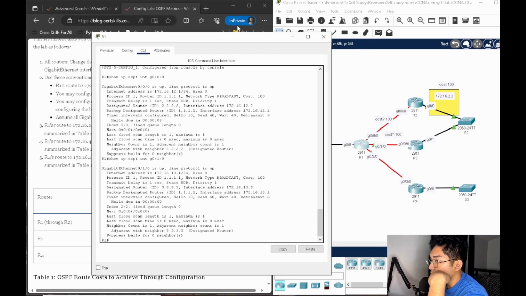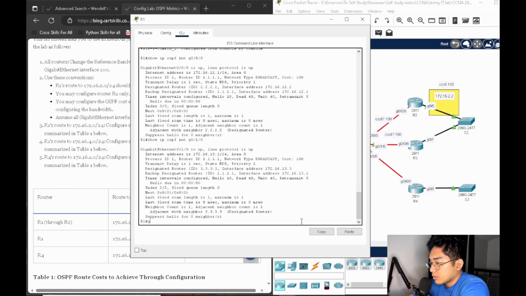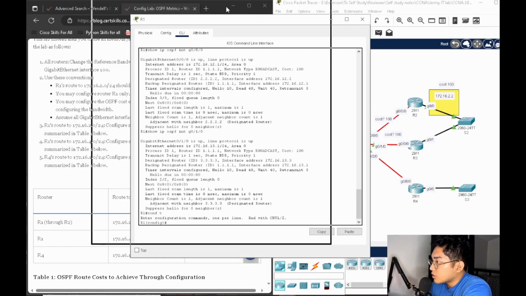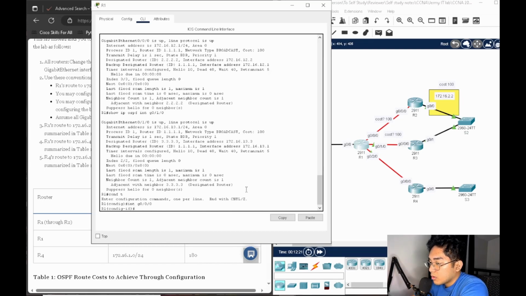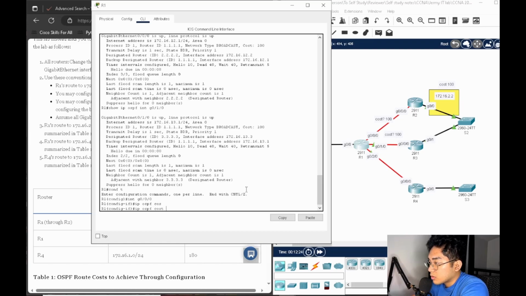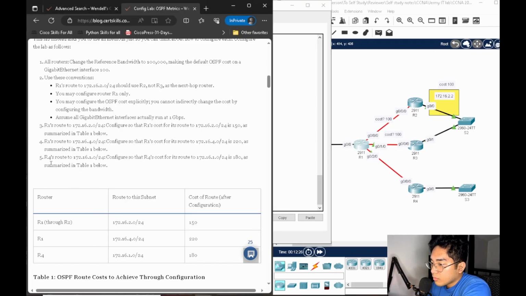Going into the interface, we need to change this cost so that it will be more favored than the R3 route. Interface G0/0, OSPF cost. It says we need 150 as the cost of the route to this network.